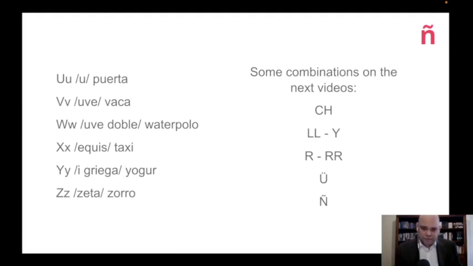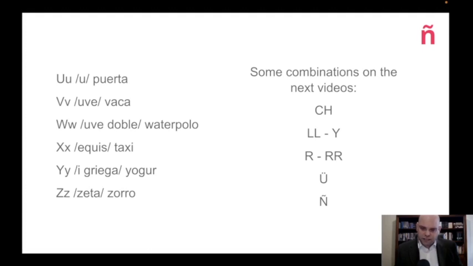And then, as I said before, lesson number 2 is about this difficult to pronounce letter, which is R, and we also have double R. So that's lesson number 2. And we also have a lesson about this U with diaresis.